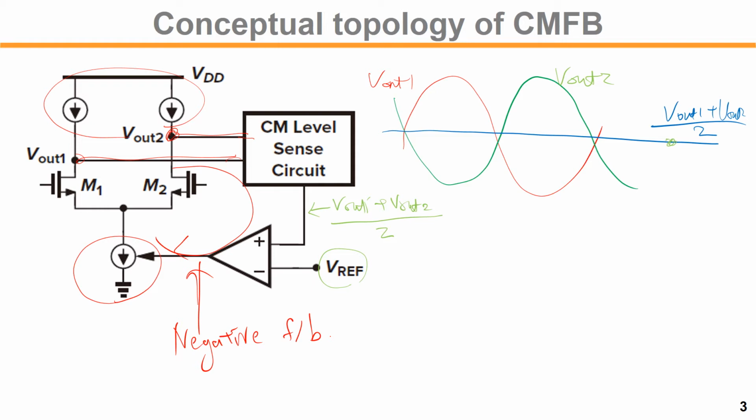For example, if the common mode level goes up, the output will go up, the voltage here goes up. Then what? The pull down current increases. The increase in pull down current will move the output common mode level to go down, right? So this is kind of negative feedback.